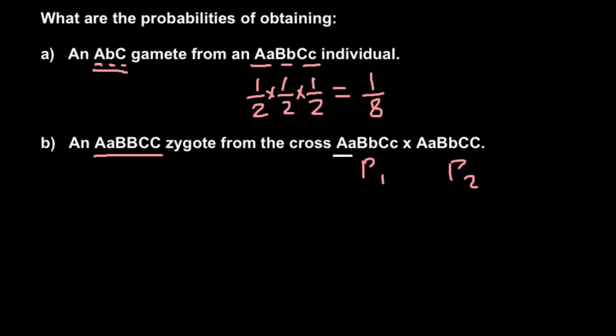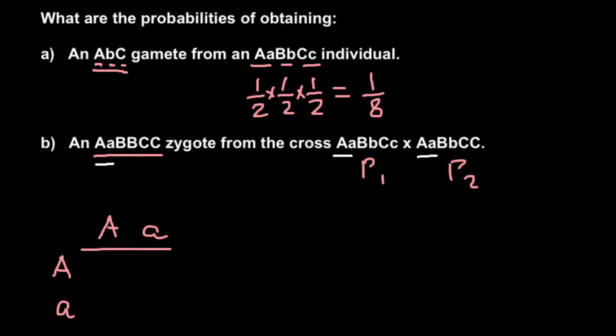So we have allelic pair A for gene A in both parents. So what is the probability to get this heterozygous form in the progeny? So we have parent 1 whose genotype is capital A and small a, and parent 2 also capital A and small a.